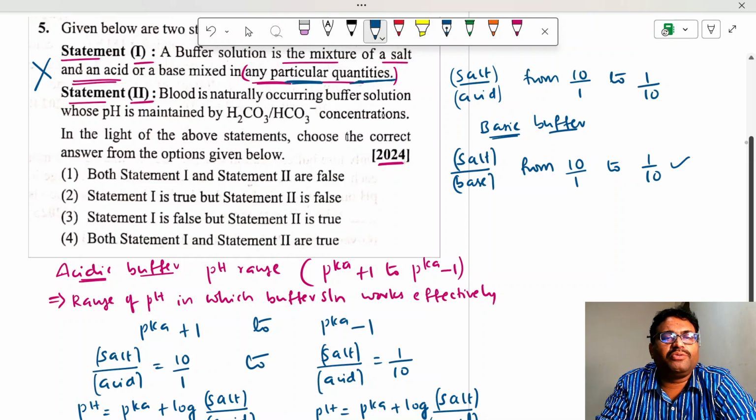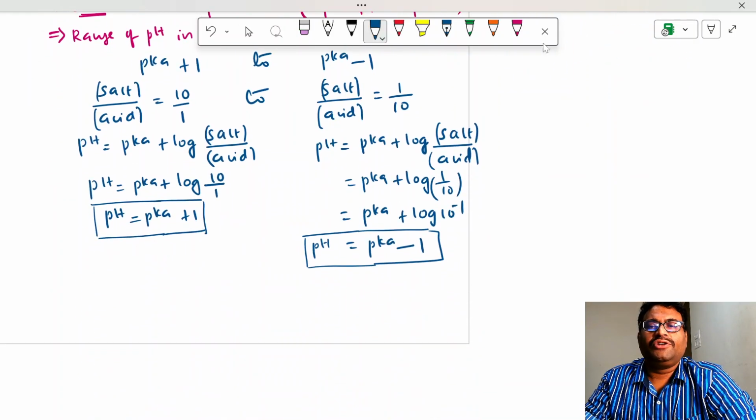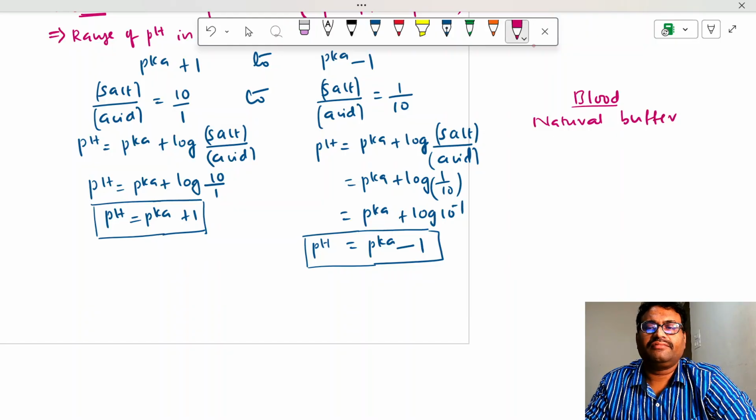Now statement 2. Blood is a naturally occurring buffer solution whose pH is maintained by H2CO3 and HCO3 minus. Okay, so let us take blood, a natural buffer solution. Human blood, let us take.